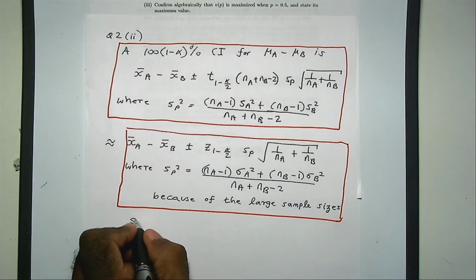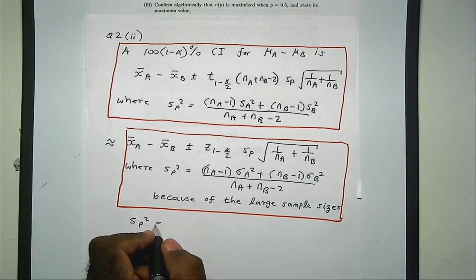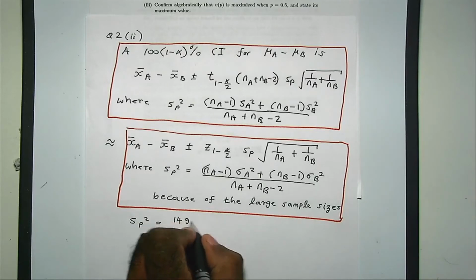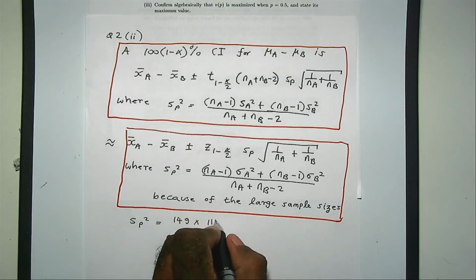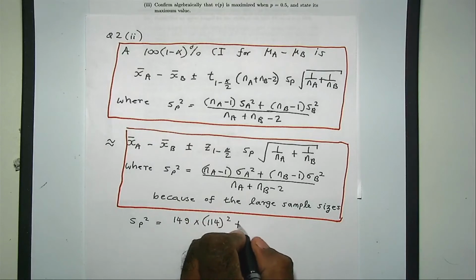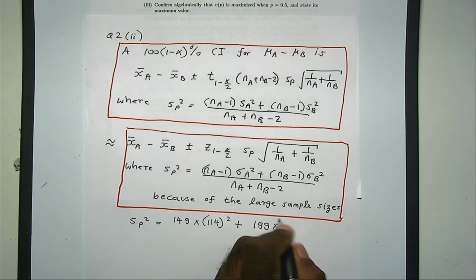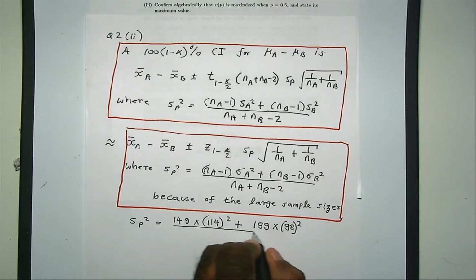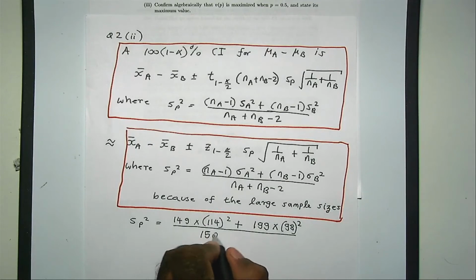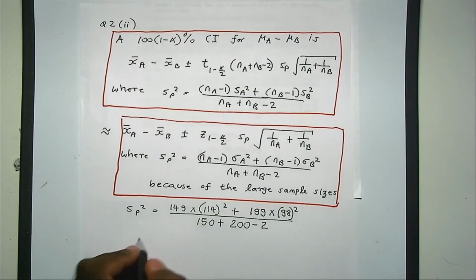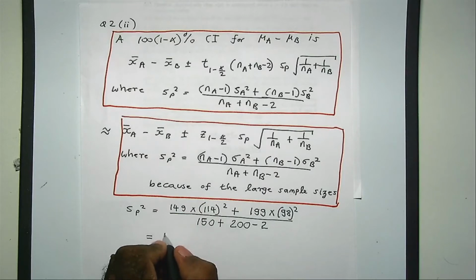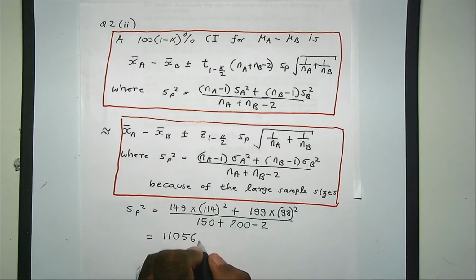So Sp squared is going to be (na minus 1), which is 149, times the population variance for the first sample, which is this, and for this it is 90 squared, divided by... now if you work this out, this will be equal to 1105.632. Alright, that's the Sp squared.